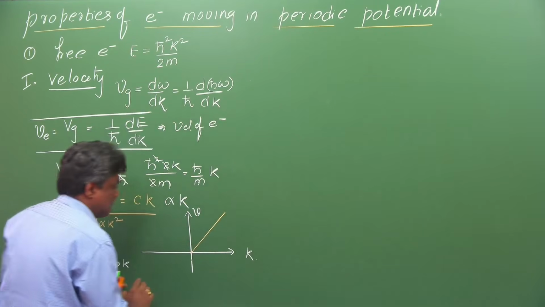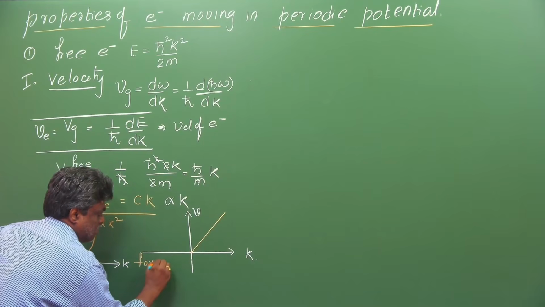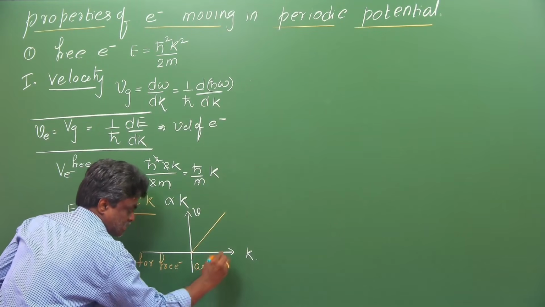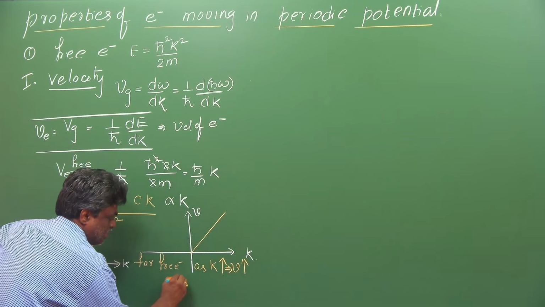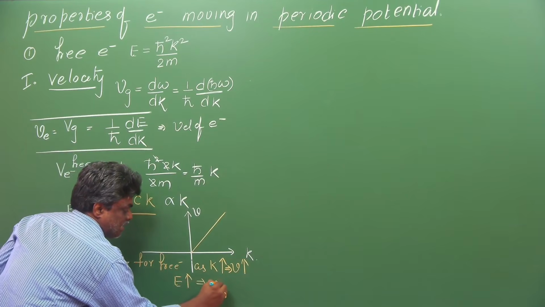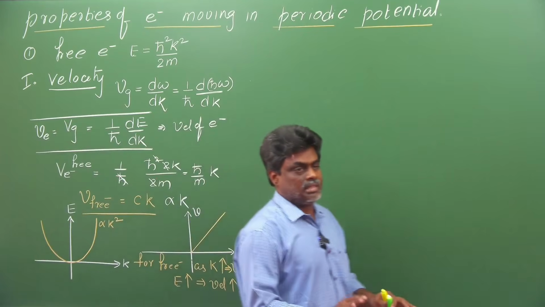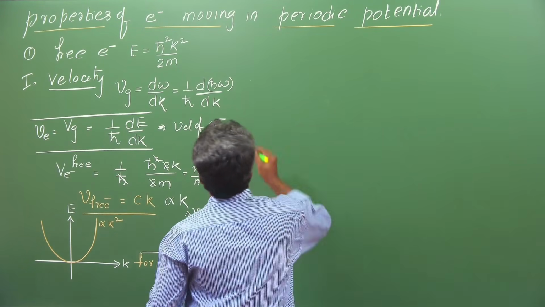So what does it mean? Very important, for a free electron, as K increases, velocity also increases. That means K increases, energy increases, hence the velocity of the electron also increases. This is the behavior of a free electron. Okay, cool.